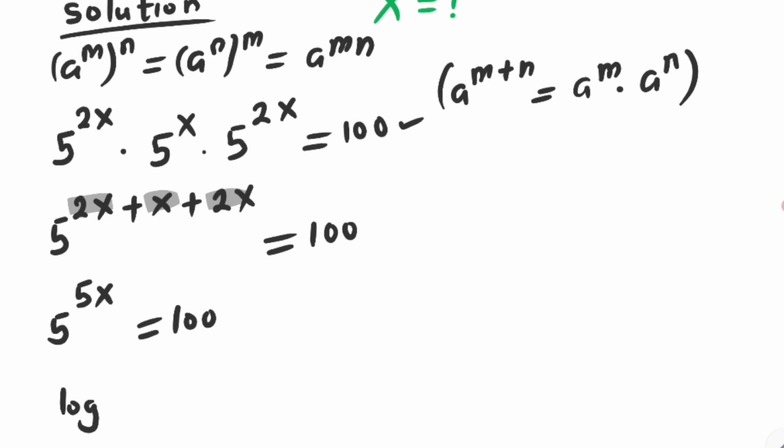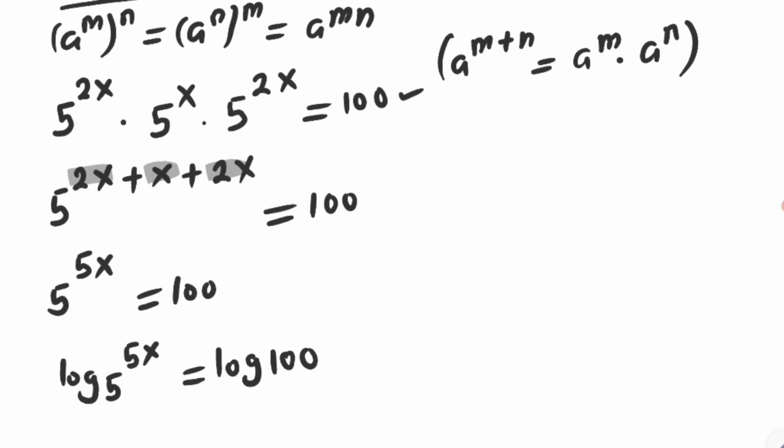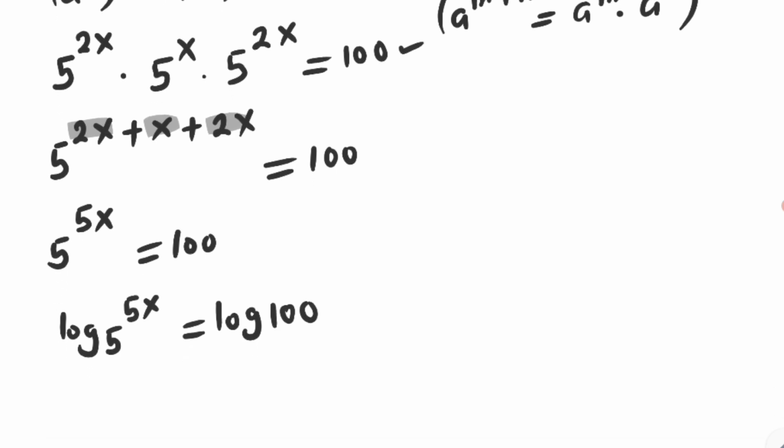Log 5 raised to power 5x is equal to log 100. Now take note of this, that if you have log m raised to power n, this is equal to n log m.